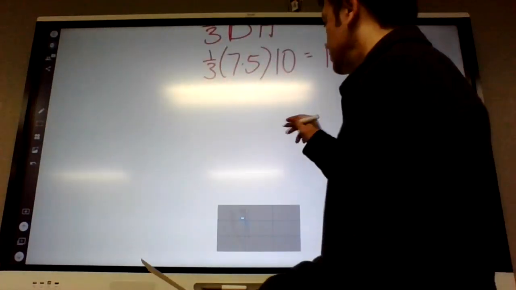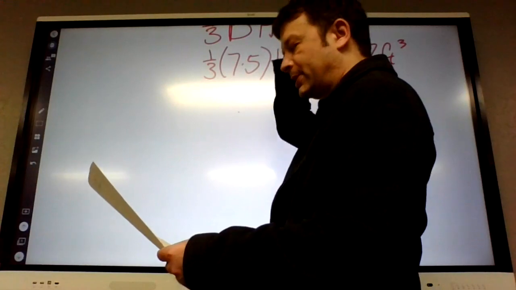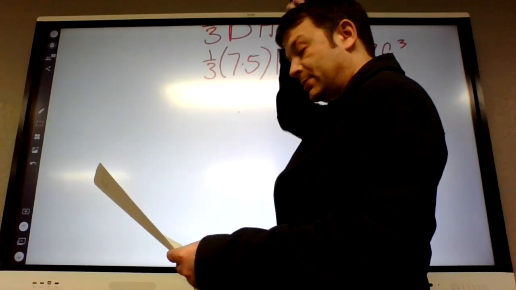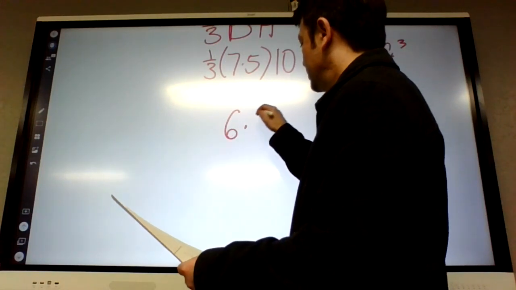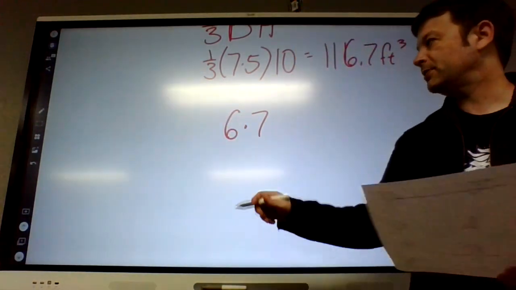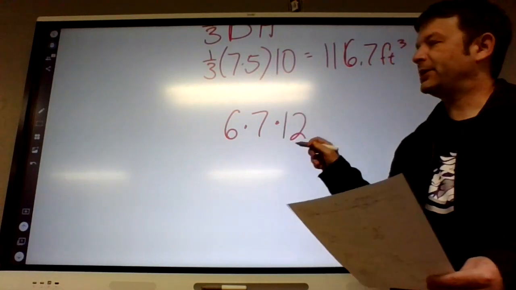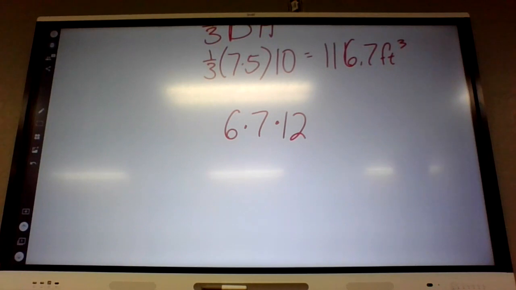So, the area of the base, if I use the little rectangle, how would I find the area of the base? 6 times 7. And then if that's my base, then what's the height of my prism? 12. So when you're doing a rectangular prism, the volumes are super easy. You just do length times width times height.